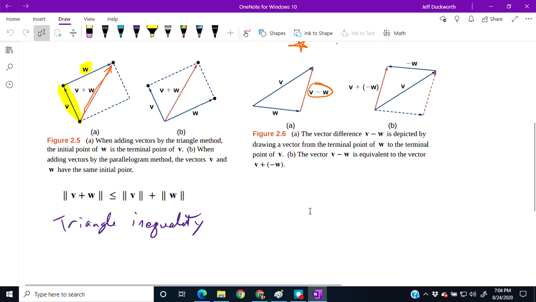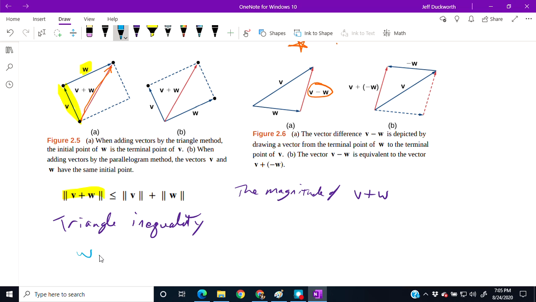So this notation here, if you recall, this is the magnitude. So this is the magnitude of the vector v plus w is less than or equal to the magnitude of the vector v plus the magnitude of vector w.